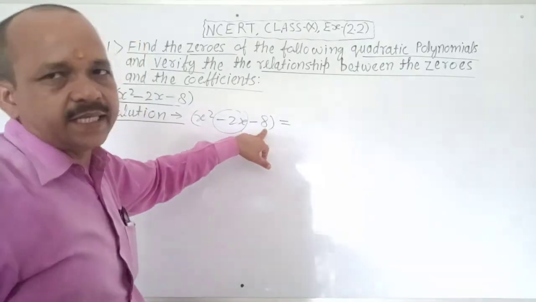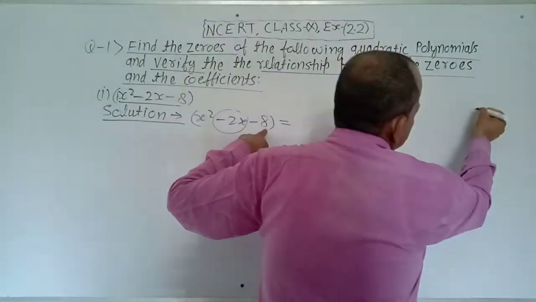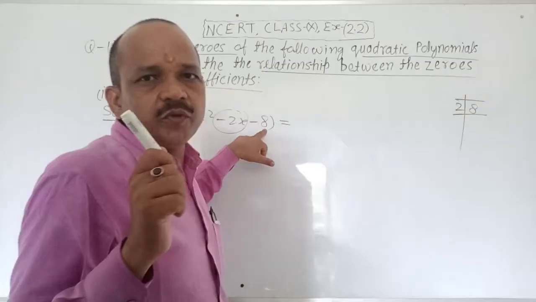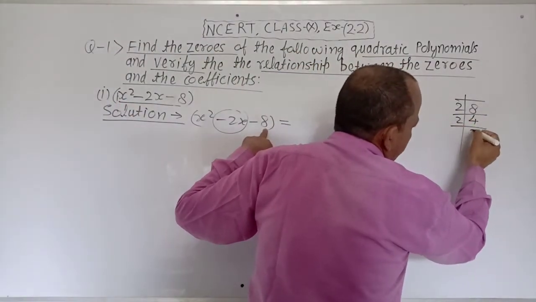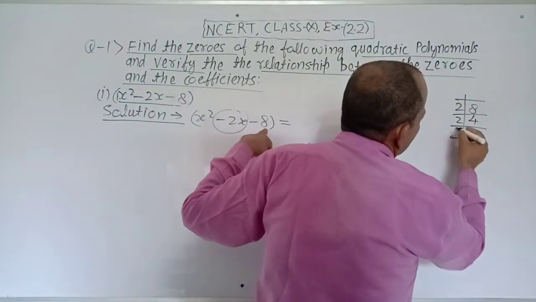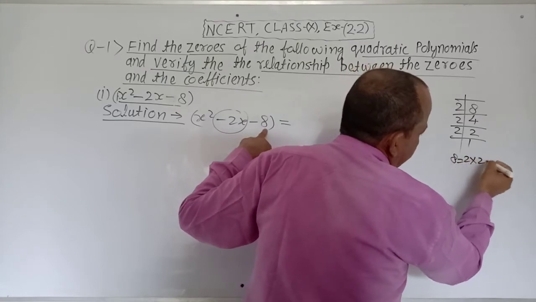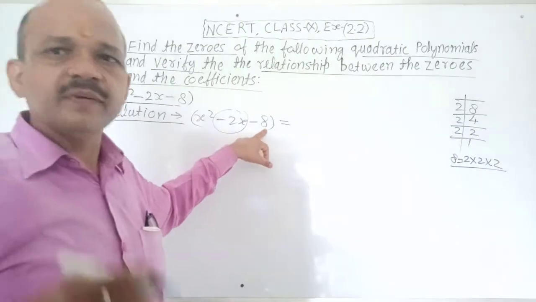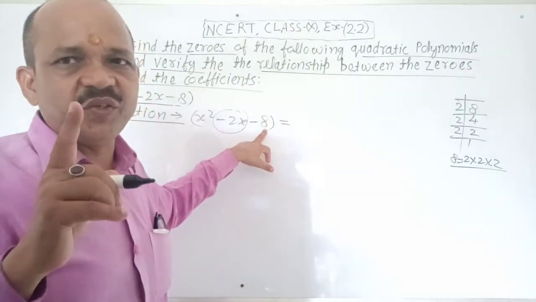Firstly you factorize 8. 8 divided by 2, you find 4. 4 divided by 2, you find 2. 2 divided by 2, you find 1. It means 8 equals 2 multiply 2 multiply 2. It is the factor of 8. Factor of 8 is clear. No confusion about it. Very good.